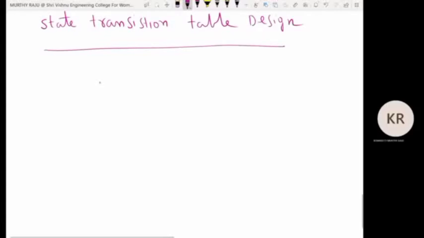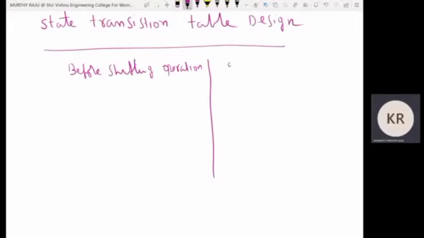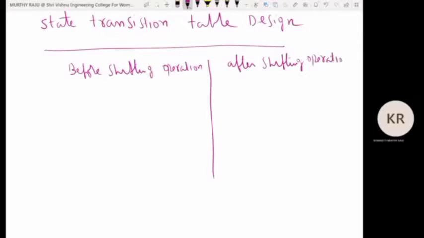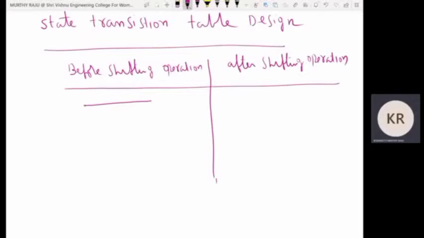Here, before shifting operation, after shifting operation. 3 registers are used for designing this convolutional encoder.